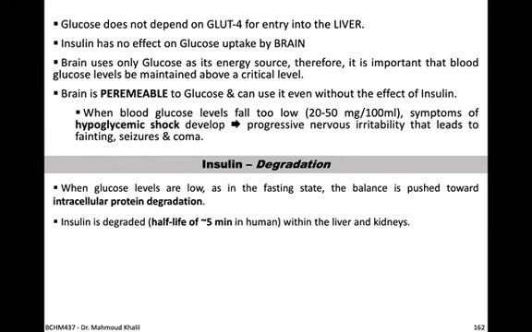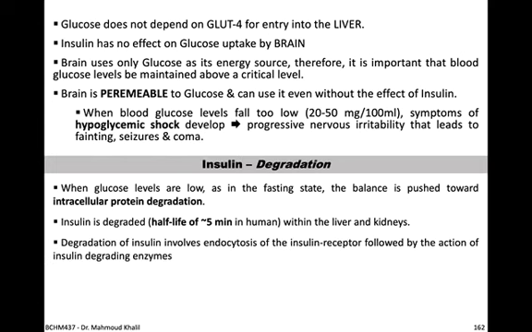Actually, insulin is degraded, and its half-life is 5 minutes in humans, very fast, within the liver and the kidneys. This degradation of insulin involves endocytosis, internalization of the insulin receptor, the one which is responsible for binding to the insulin. So it's kind of like shutting the door of insulin to the cell, by the action of insulin-degrading enzymes.